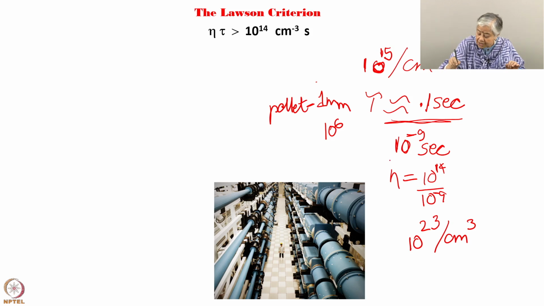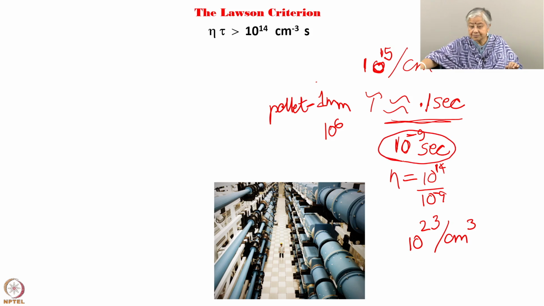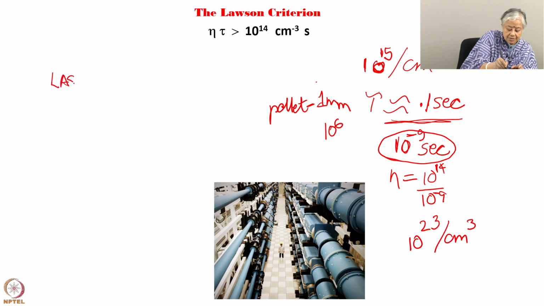If you are able to keep them till 10 to the power minus 9 seconds, it is very good. But the point is how? It is with the use of lasers.